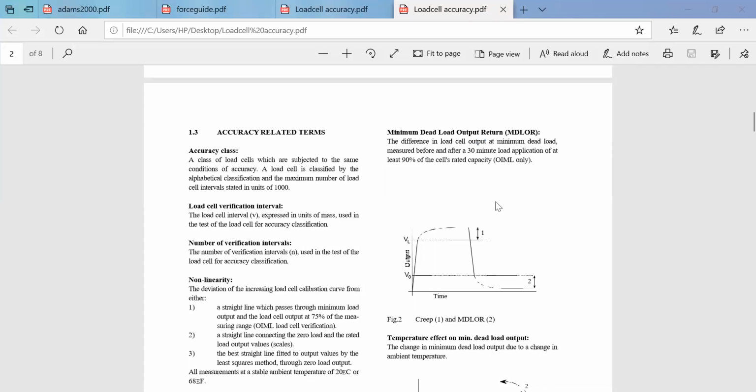In our practical, we used to apply the load and take the reading; we never waited 30 minutes. Now, if you wait for a dwell time of exactly 30 minutes and then measure the reading again, the difference between these two provides the minimum dead load output return for the load you have applied on the load cell.